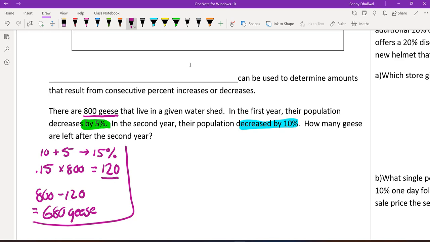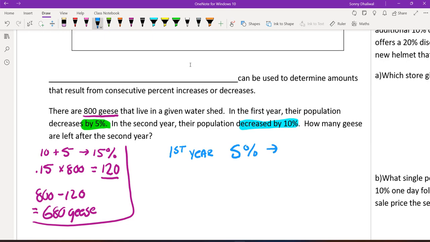I'll explain why. Let's do it one step at a time. In the first year, the question says, so write this part down, we lose 5% of our geese. Isn't the first year 5% though? Oh, sorry, first year 5%? Thank you. 5%.